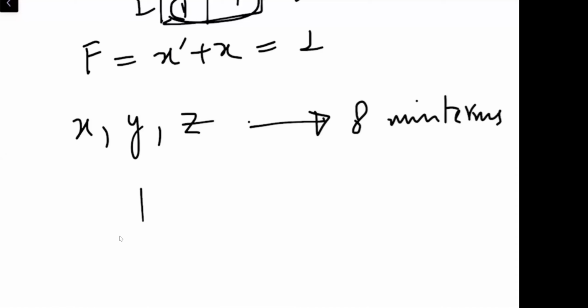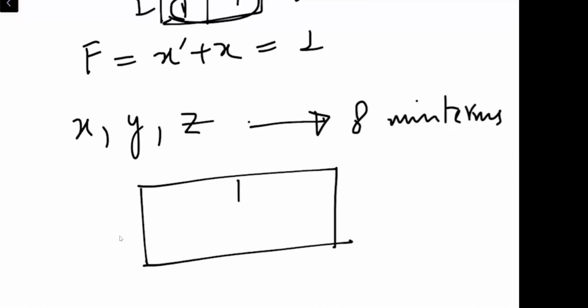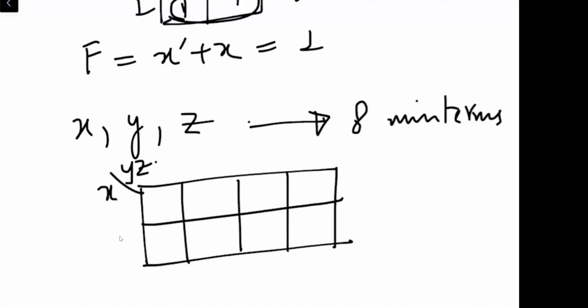So 8 boxes can be drawn in this way. I say this side is x, this side is yz, and then I put a line in between. So I can make 8 boxes, right? In the start I will say x is equal to 0 for this whole row, so this whole row will be representing x complement. Similarly, if I put 1 over here, this whole row will be representing x.